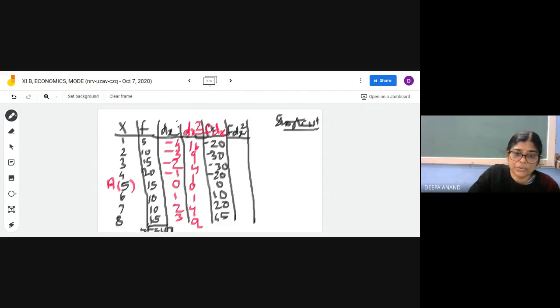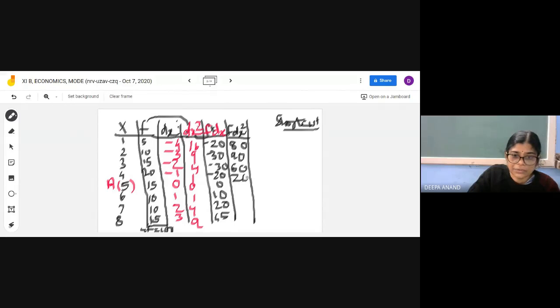Now you have to do f into dx square. That is 5 into 16, that is 80. F into these two columns. 10 into 9, 90. 15 into 4 is 60. 20 into 1 is 20.